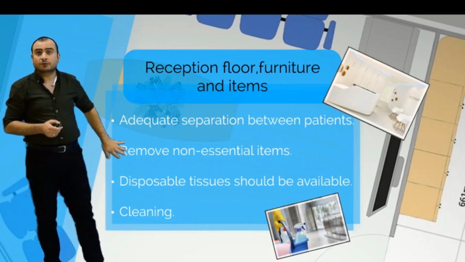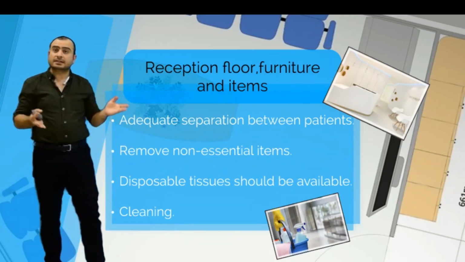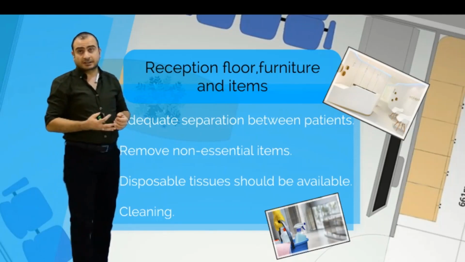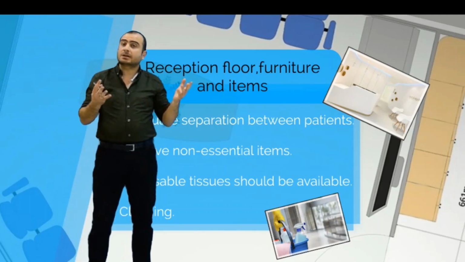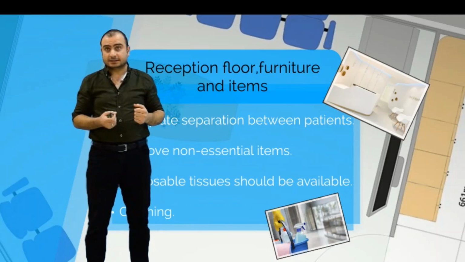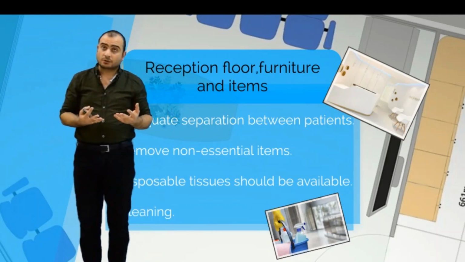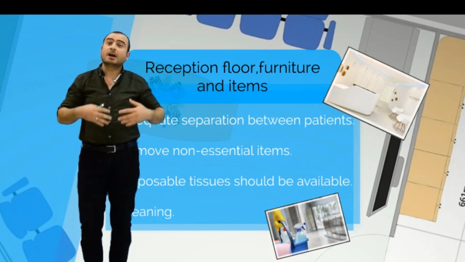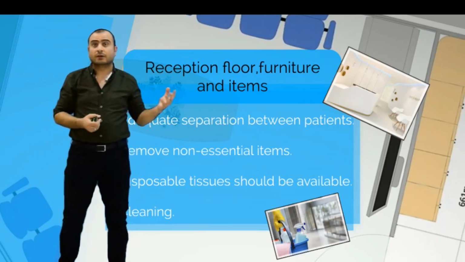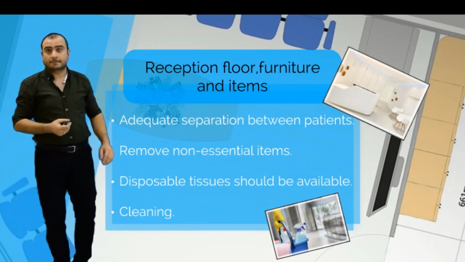We also need to consider removing all the non-essential items from the reception. Non-essential items, for example books and magazines, need to be removed. These can be a source of contamination and might carry the risk of infection from one patient to another.